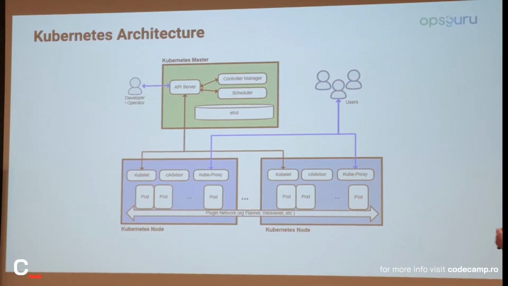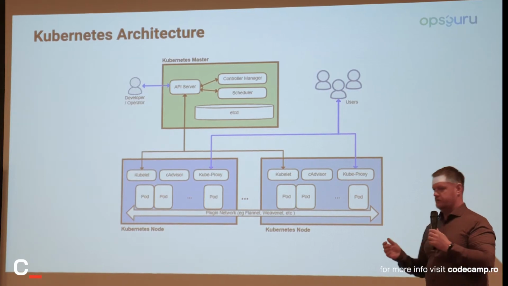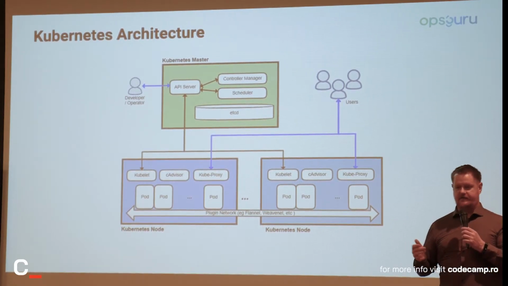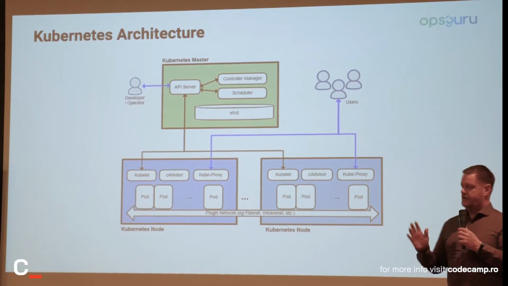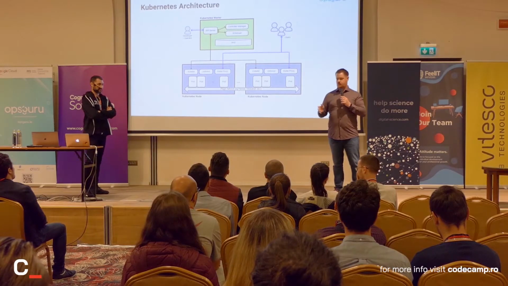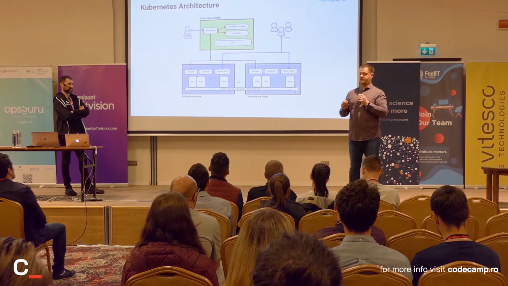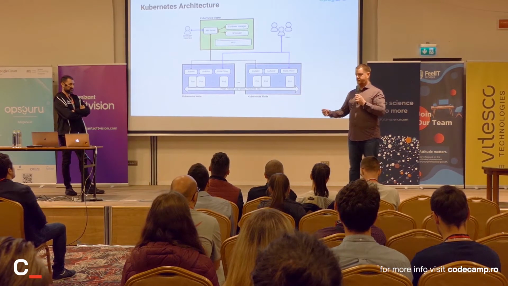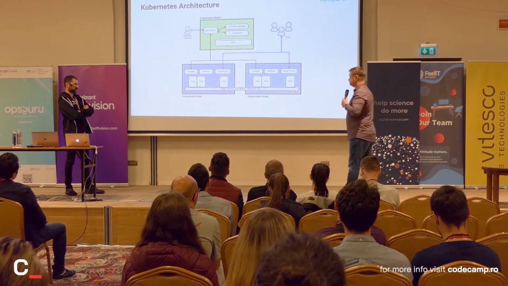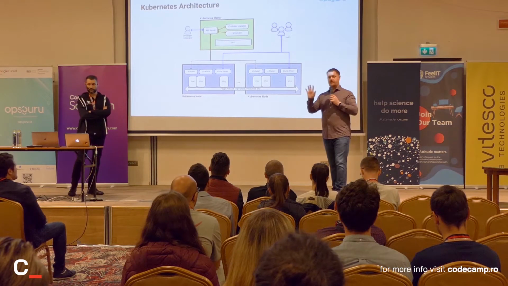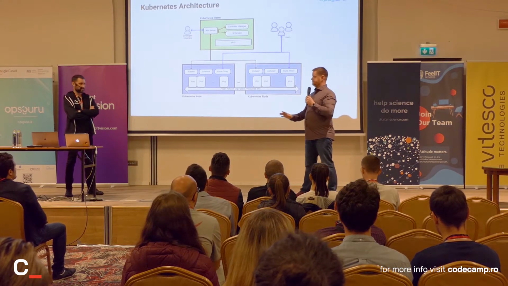Kubelet is a nice binary that does a bazillion different things, including creating, destroying, updating, and restarting pods. That's primarily what it does, pod lifecycle. Any questions? Or we'll take more questions at the end.